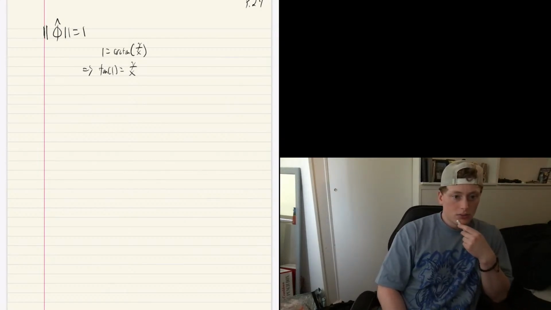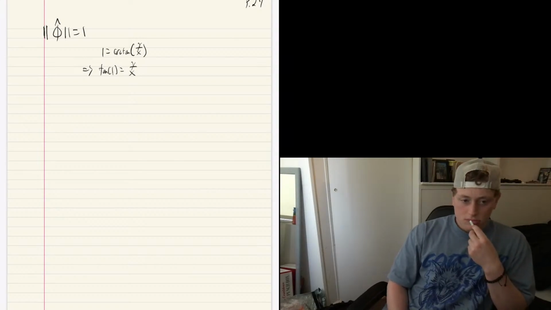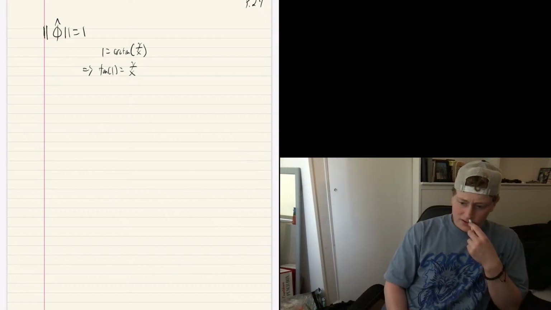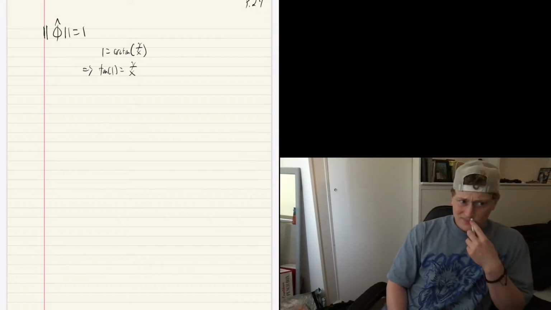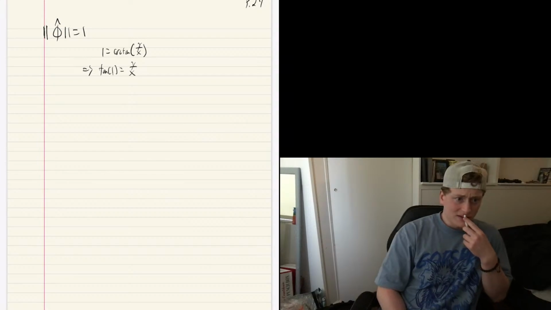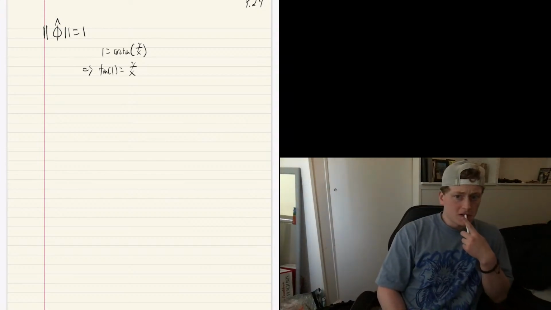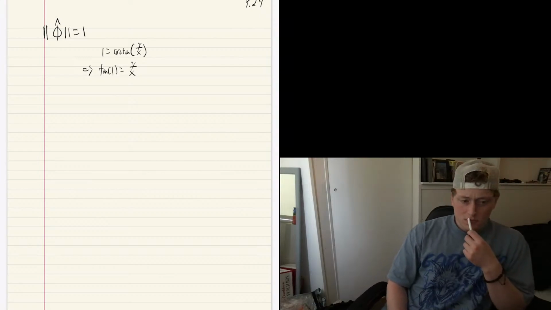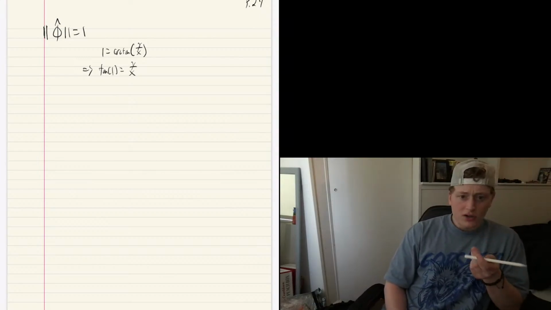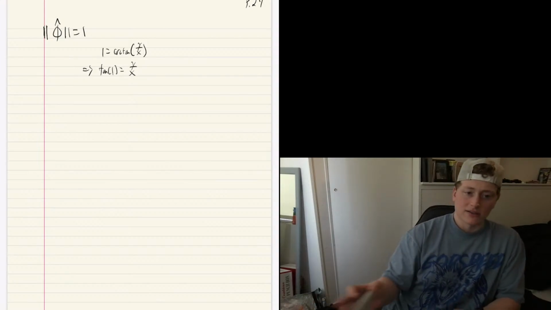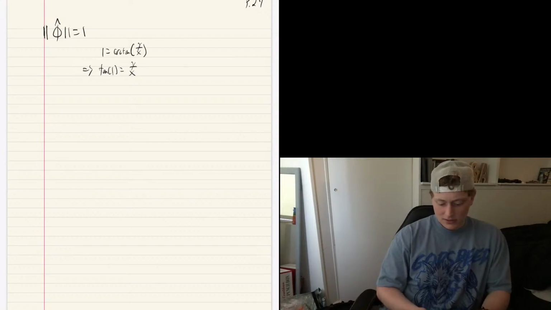Tangent of 1. What is tangent of 1? That doesn't make sense. If it's a unit vector, are the units for that different? I don't think so. I'm just realizing tangent of 1 makes no sense.